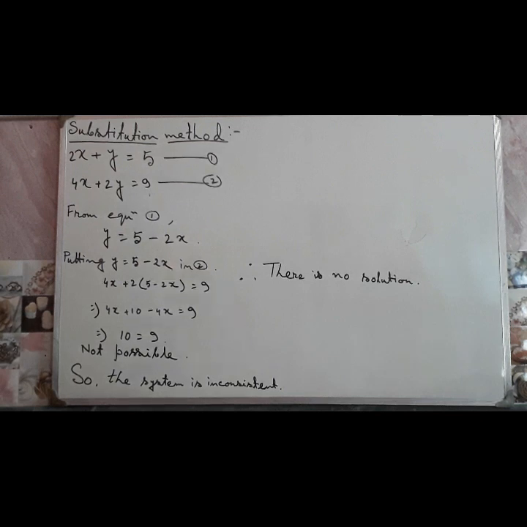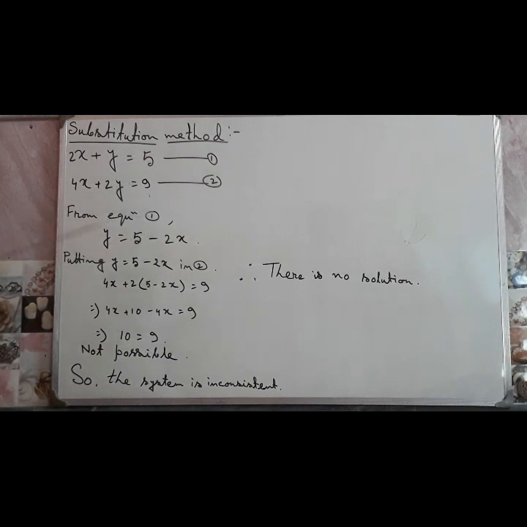I took another example and we will solve this example by the substitution method. 2x plus y is equal to 5, 4x plus 2y is equal to 9. Again from the first equation we find the value of y, that is 5 minus 2x.